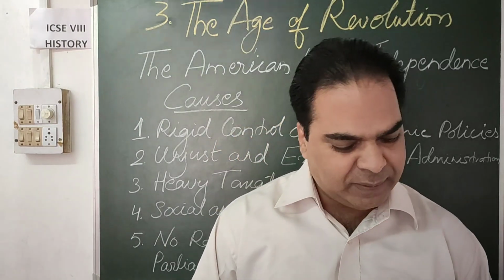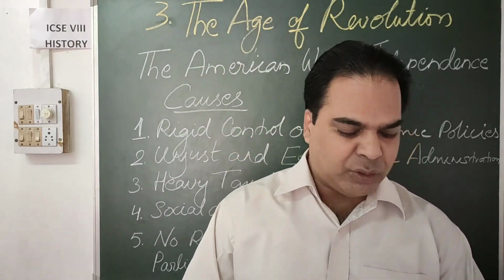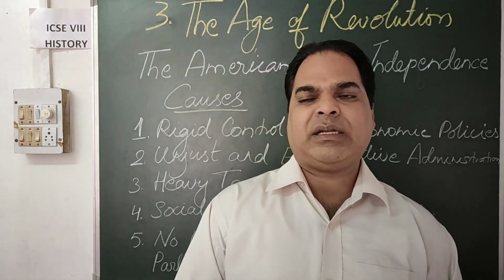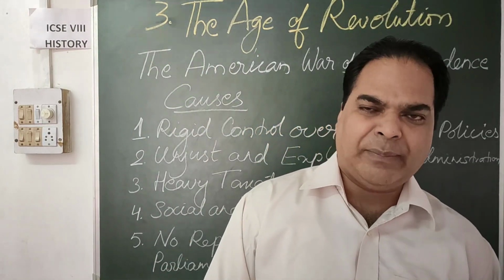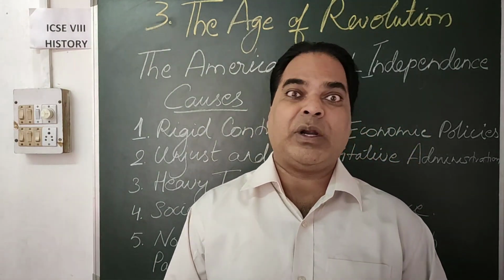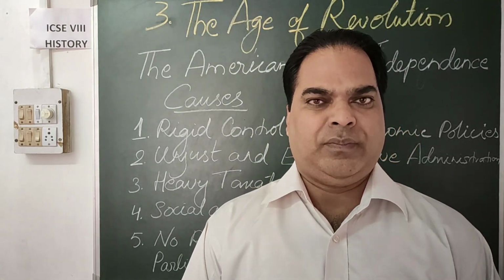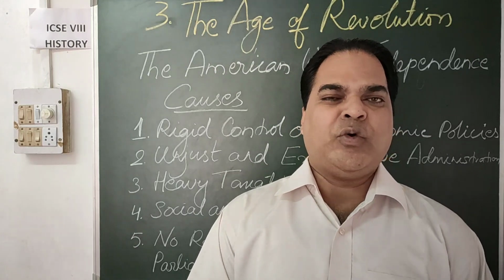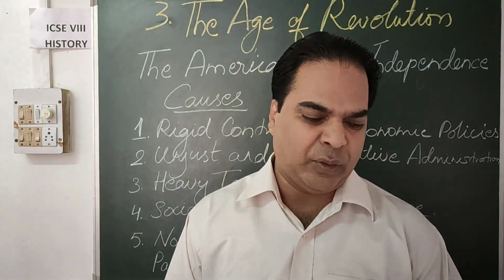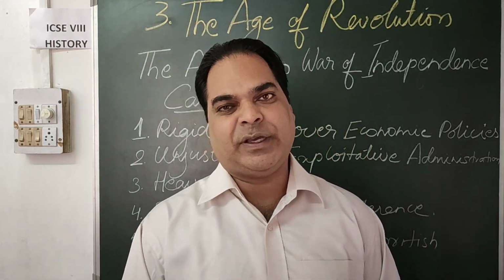Now what happened was that the people of the American colonies wanted to gain independence. From whom did they want to free themselves? That we are going to discuss here one by one.